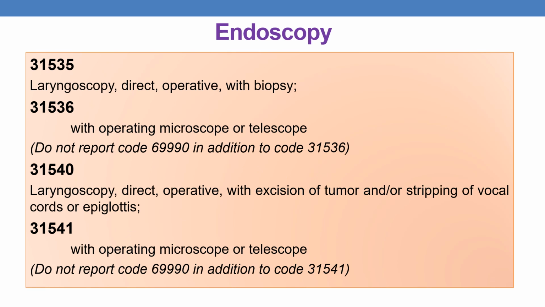The next CPT is 31535. It deals with laryngoscopy direct operative with biopsy. The next is 31536. It deals with laryngoscopy direct operative with biopsy with operating microscope or telescope. And do not report the code 69990 in addition to the code 31536.